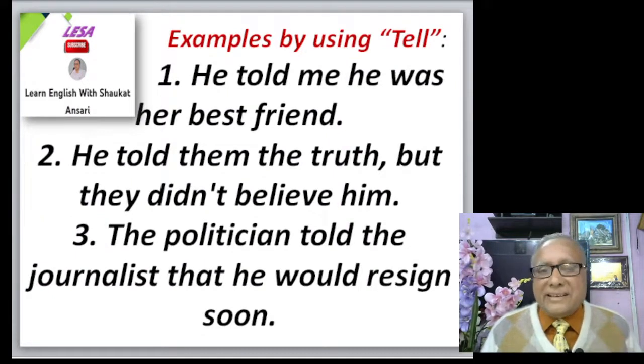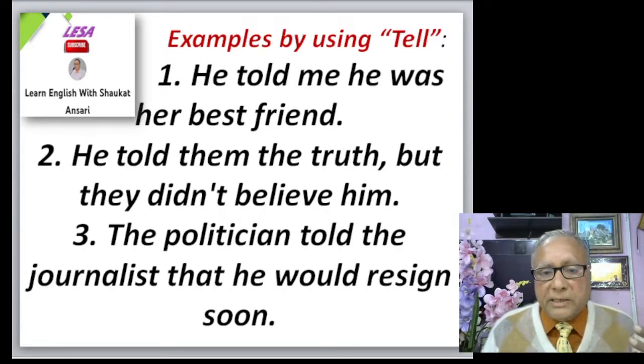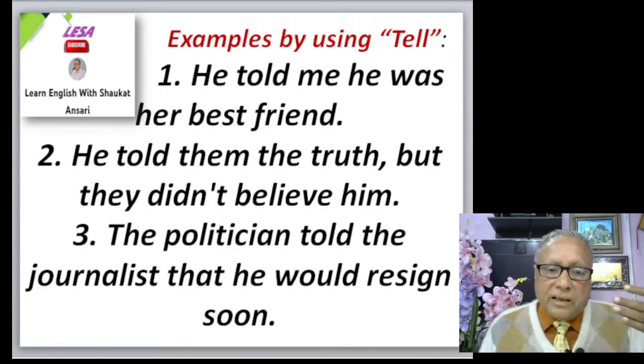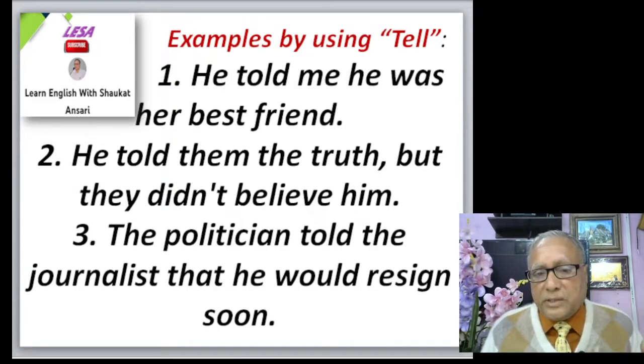Examples by using tell. Example number 1, he told me he was his best friend. Second, he told them the truth, but they didn't believe him.